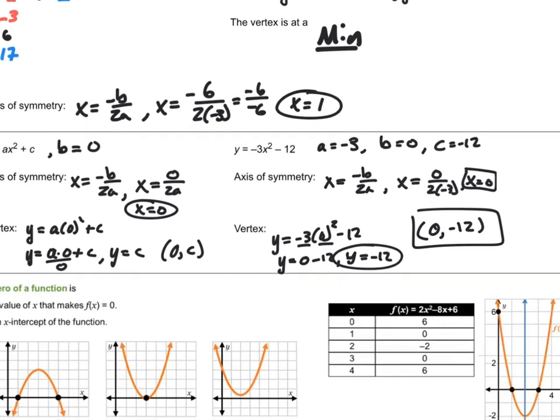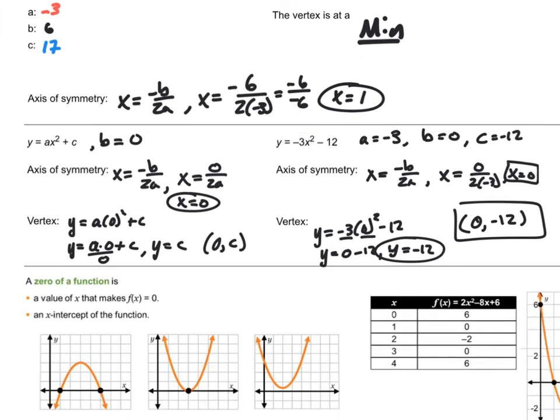Hopefully you see a similarity here. You see that we have a b value of 0. Same thing here, and that we just had the point (0, c) for our vertex, whatever our constant was out here. And that same thing applies. We get (0, -12), which is that value for c that we had.